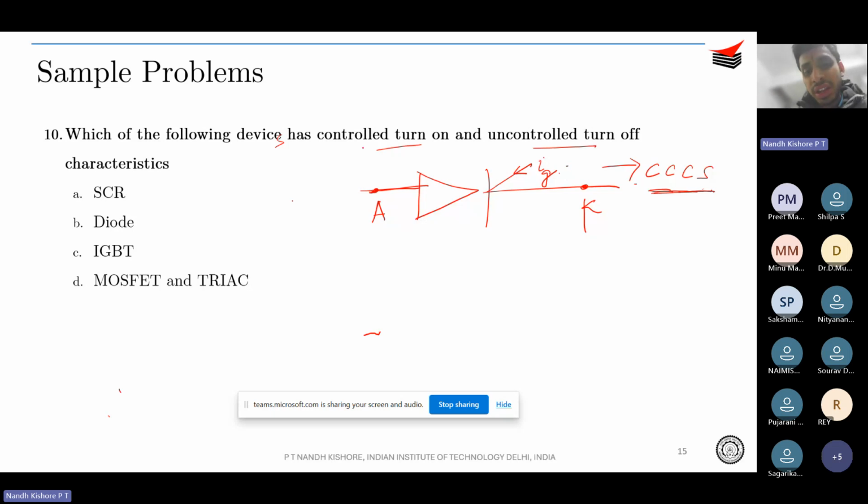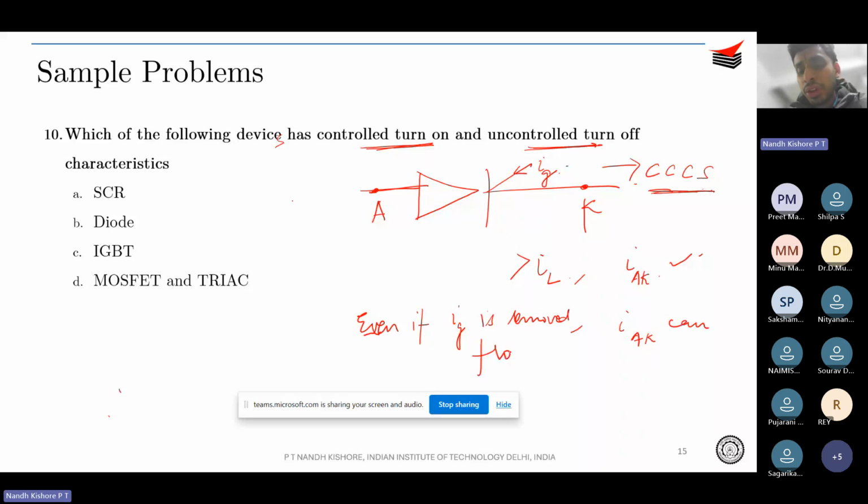Now, why do we say that it has controlled turn on and uncontrolled turn off? When you have a gate current, and you ensure that the current is greater than your latching current, the device turns on. It can conduct current, and IAK will flow. Even if you remove IG, IAK can flow.